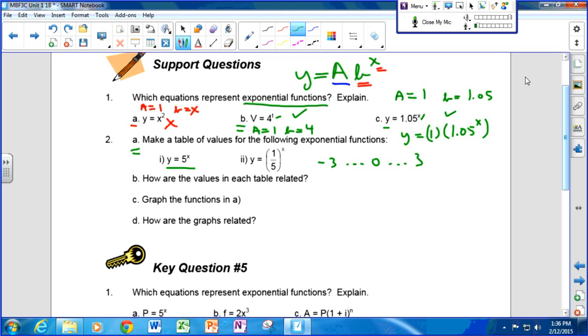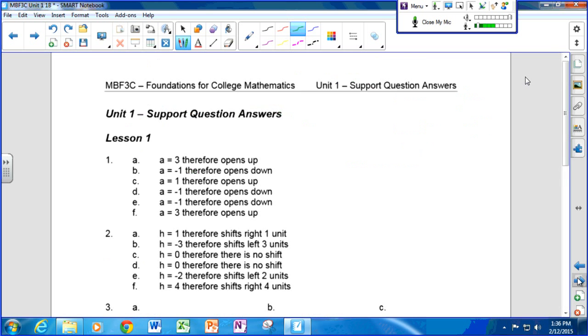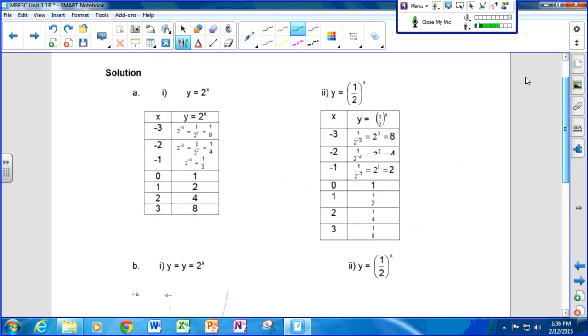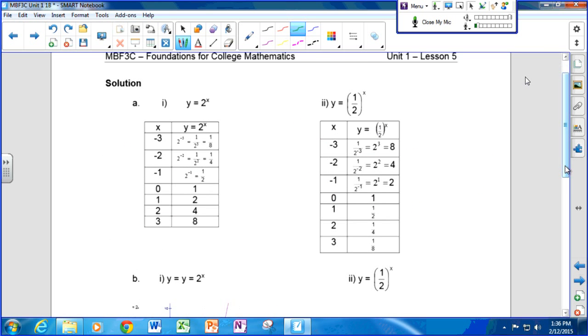In case you're wondering why I started with -3, let's take a look at our table here. They start with the negative value, and it might be hard to see, but it's actually numerical order. We're going from lowest to highest, right?